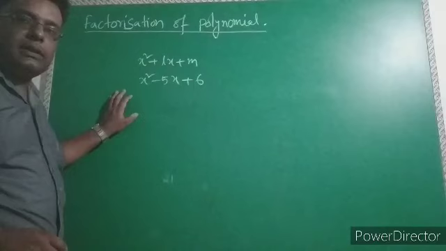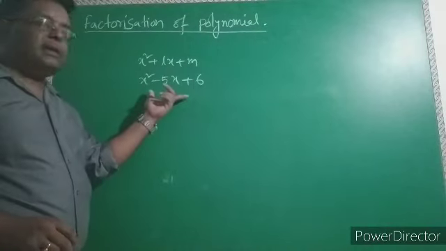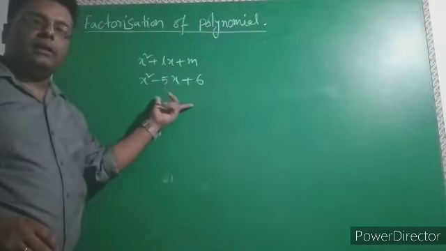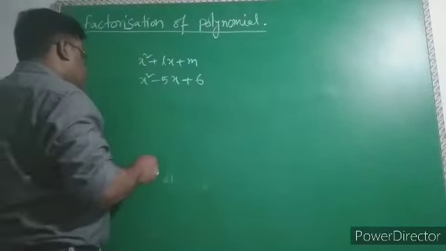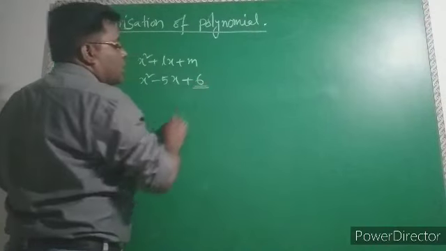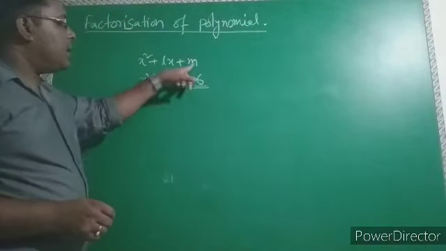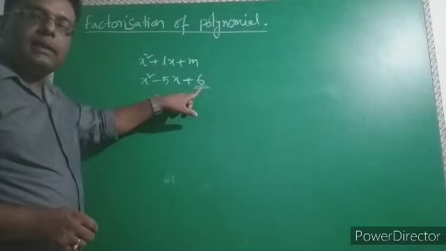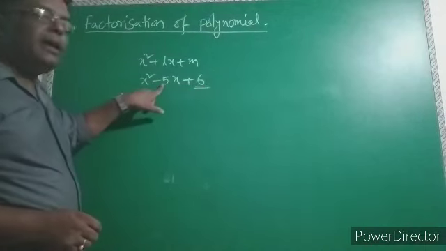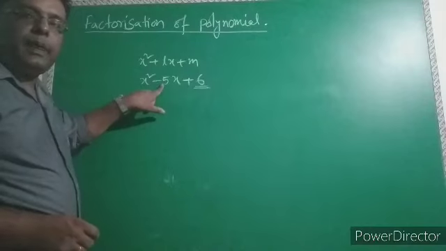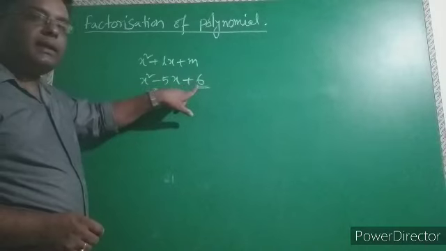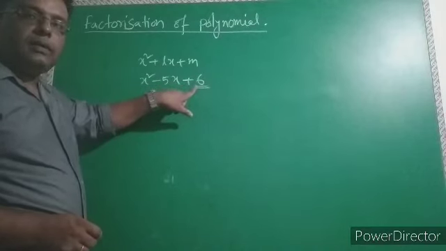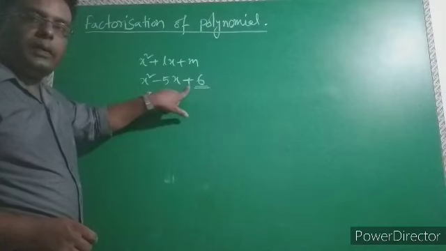So how do I factorize it? In this case, we have to find two numbers, that is integers, whose product is this m, product is 6, and when we add, we get minus 5. So the sum is negative and the product is positive. If the product is positive, then either both are positive or both are negative.